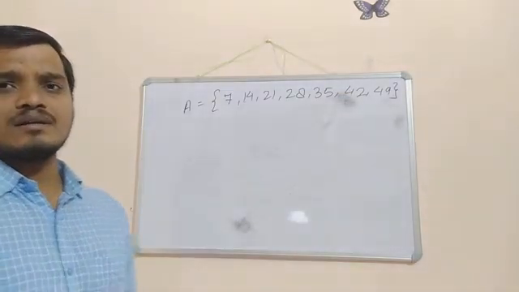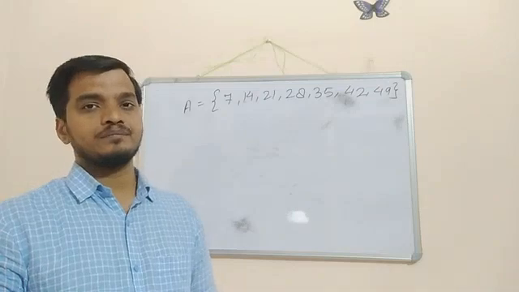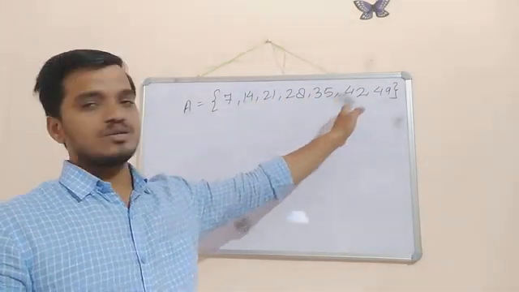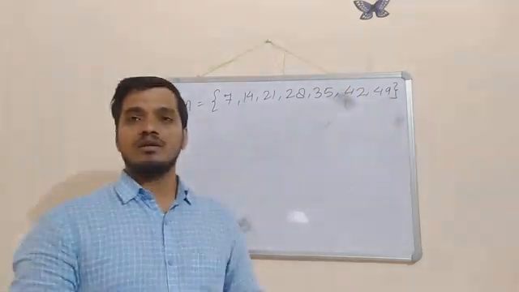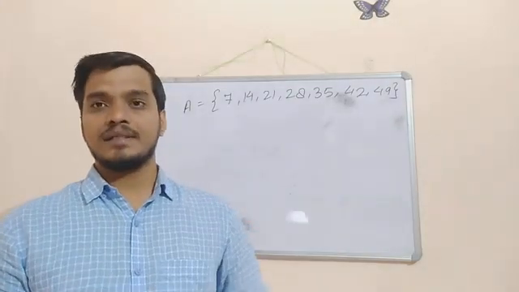As I have written the set, you have understood what I have written. It's the multiples of 7. These are all the multiples of 7. I have written the 7 table.